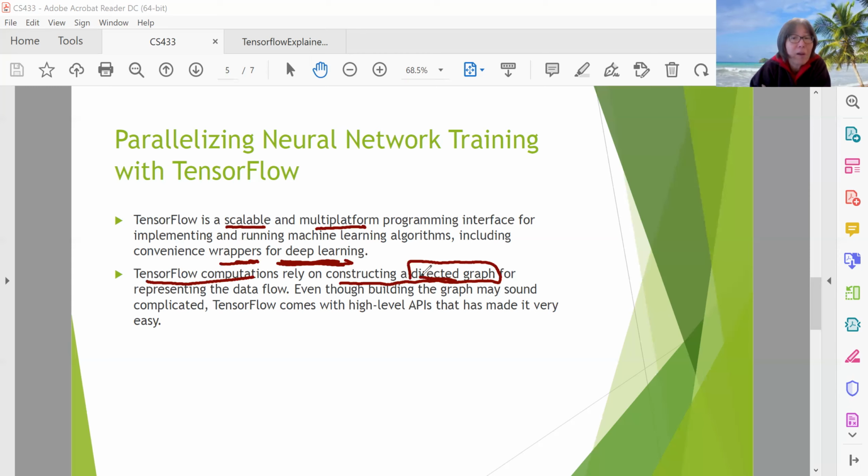The underlying mechanism is a directed graph to represent data flow. Building the graph, as we will see, is very complicated, but luckily TensorFlow comes with a high-level API that makes the developer's life easier.